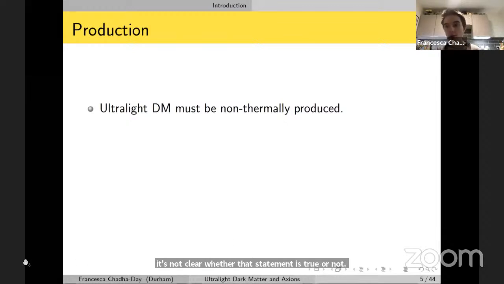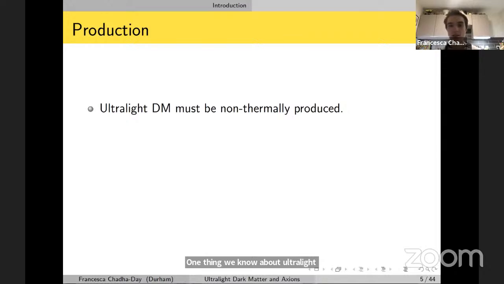One thing we know about ultralight dark matter is that to be the dark matter, it must be non-thermally produced. If ultralight dark matter started off in thermal equilibrium with the standard model and was produced that way, it would be moving at relativistic or near relativistic speeds. So this means it wouldn't be able to form the structures we see around us.